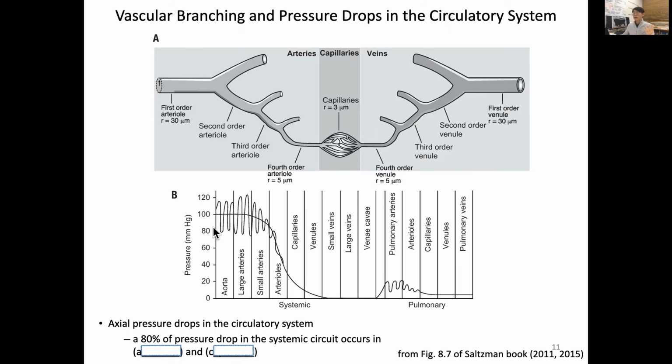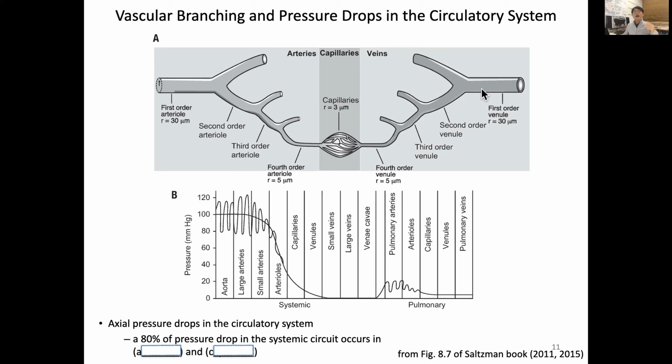So that pressure drop comes from the aorta, and this zigzag is because the heart is pumping, okay? So it goes dramatically down when it comes to the arterioles, you can see. And it also comes down again through the capillary because it has the smallest diameter. And because of that, the pressure is very, very low in the vein.